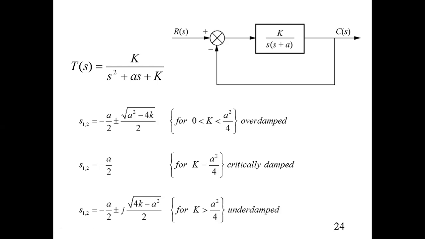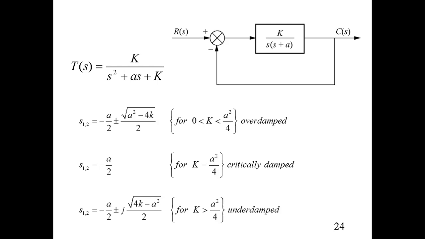If we further increase the gain beyond a square over 4, the system will be underdamped. Now the real part remains constant and the imaginary part increases if we further increase K. Thus the peak time will decrease and the percentage overshoot will increase, while the settling time will remain constant.